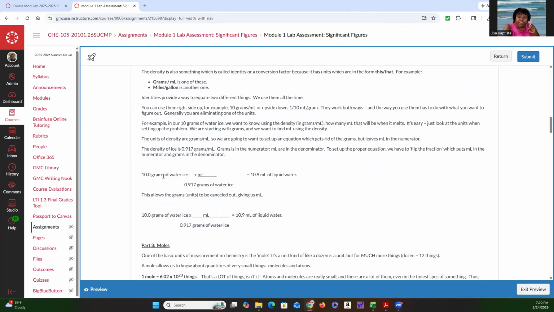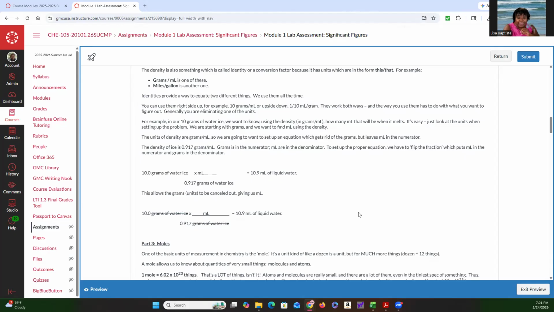So since we're converting from grams to milliliters, we want milliliters to be our unit. So if we look at the significant figures, we have 10.0. Because of this decimal, those two zeros are significant. That gives us three significant figures. For 0.917, that leading zero is not significant, so it gives us three significant figures as well. Since they're both 3, then our final answer is 3 as well, so 10.9 milliliters.